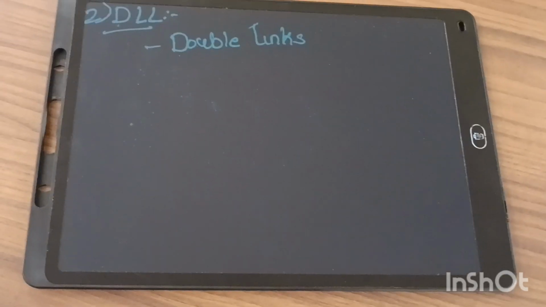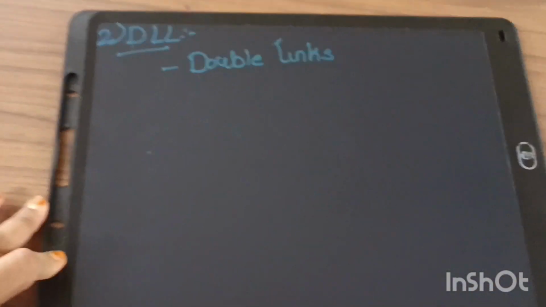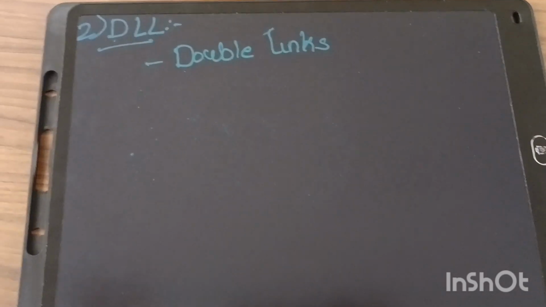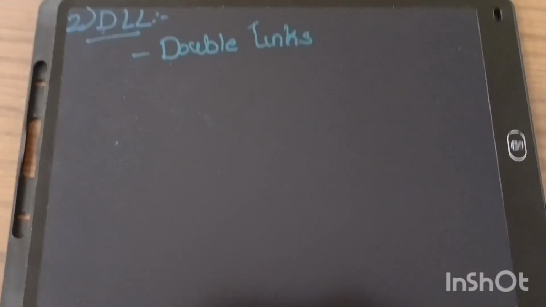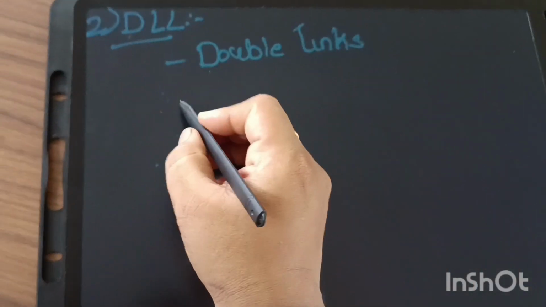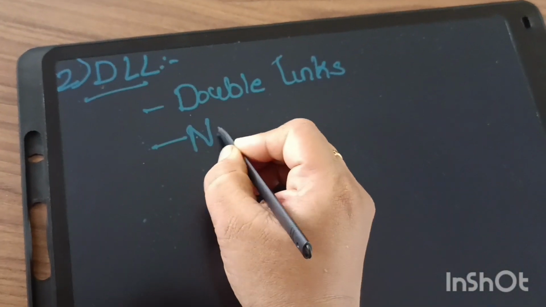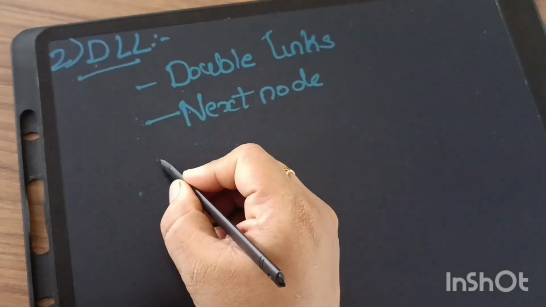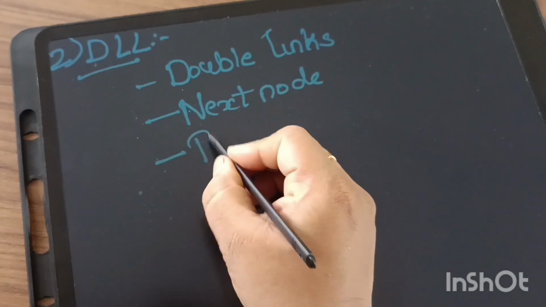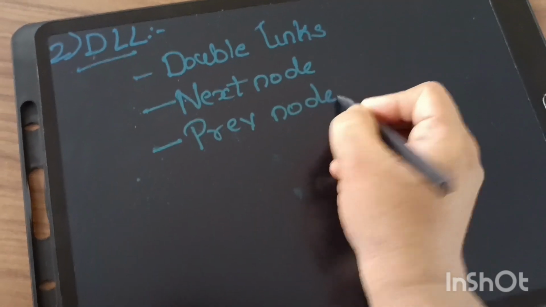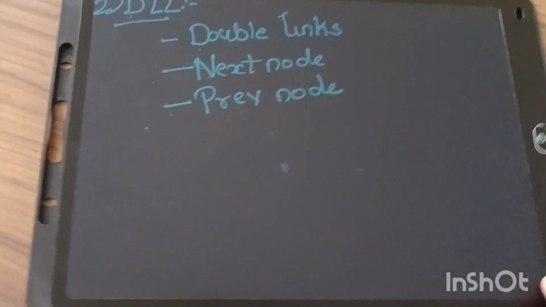The last type was the singly linked list, where we are moving forward, but here in the doubly linked list, double links are available. One link points to the next node, and one more link points to the previous node. So this is like this.